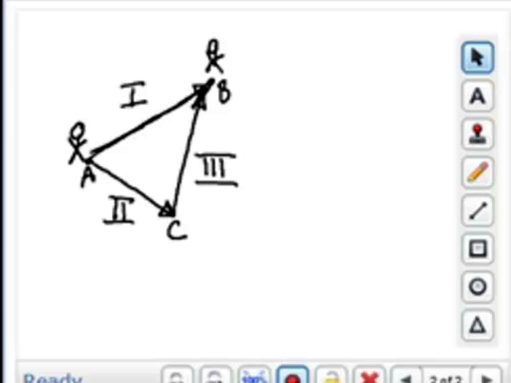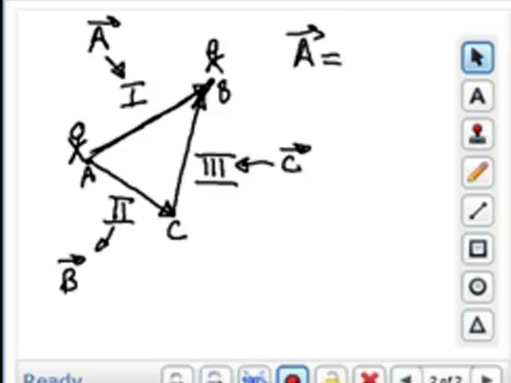So let's say I assign a vector name for path 1, I'm going to call it vector A. I'm going to assign vector B to designate my path 2, and I'm going to assign vector C to designate path 3. Then I can write A as B plus C.